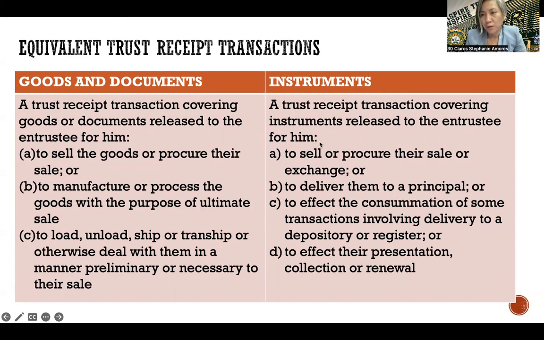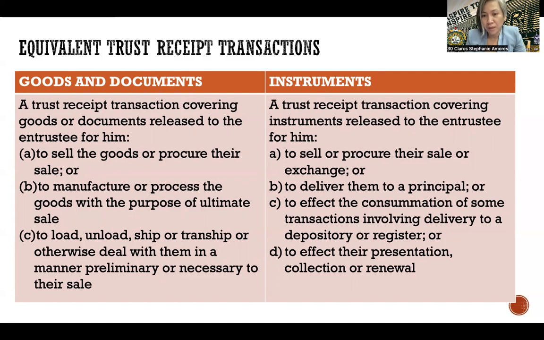Okay, so equivalent trust receipt transactions involving goods and documents, and trust receipt transactions involving instruments. So laylahi ang purpose of the release as previously shown earlier.